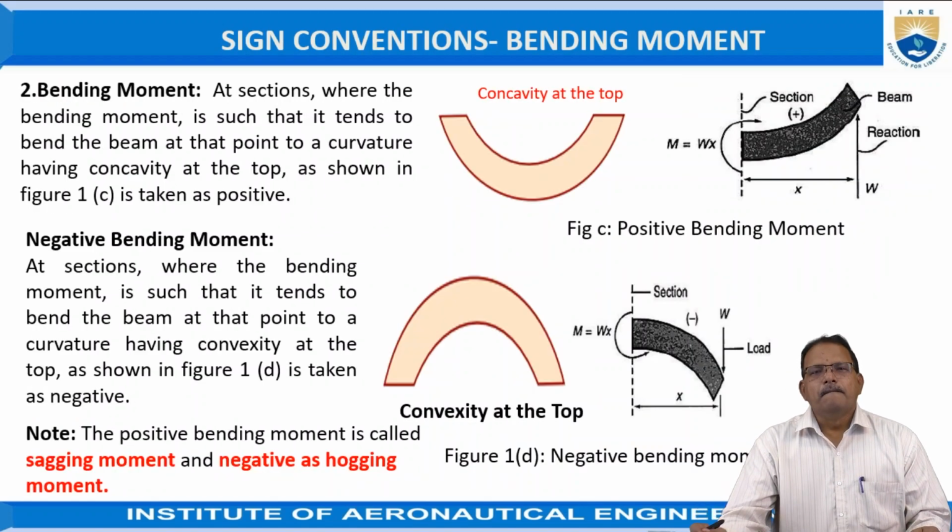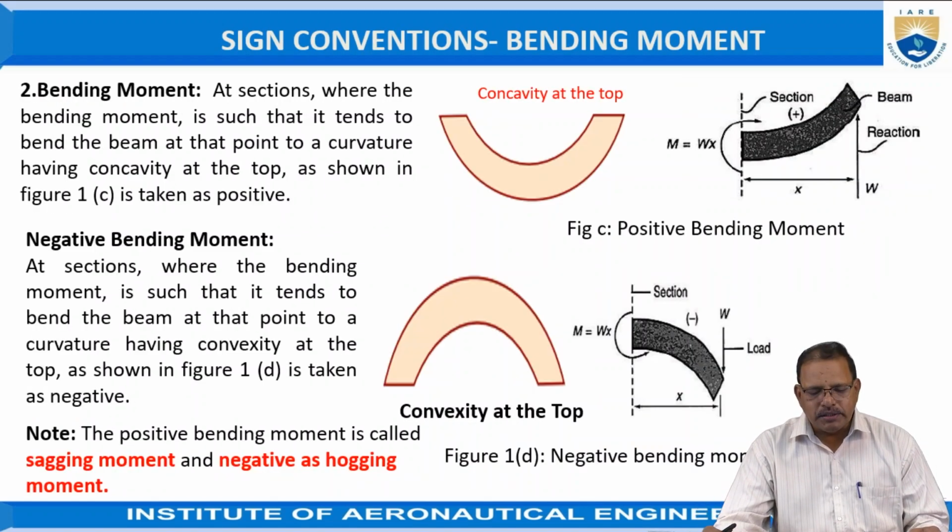Bending moment. At a section where the bending moment is such that it tends to bend the beam to a curvature having concavity at the top, as shown in the figure, it is treated as a positive bending moment. This effect is also called sagging effect. It is in the form of a U shape as shown in the figure. Negative bending moment.